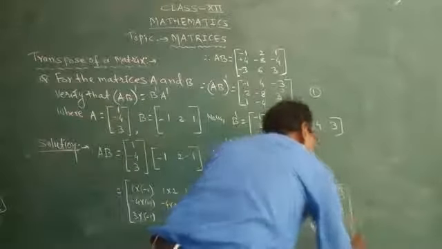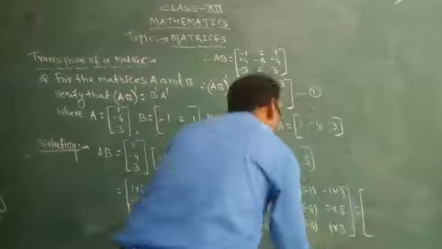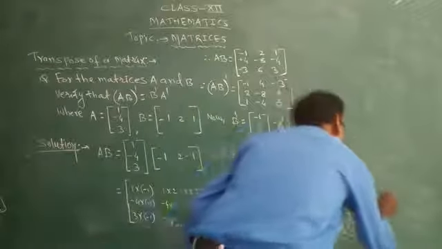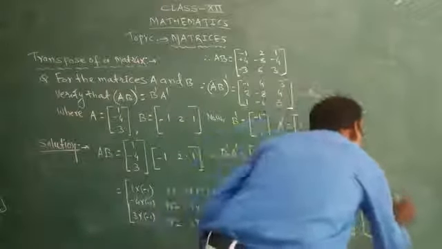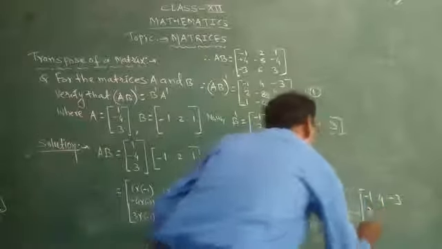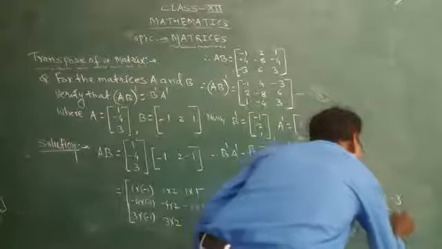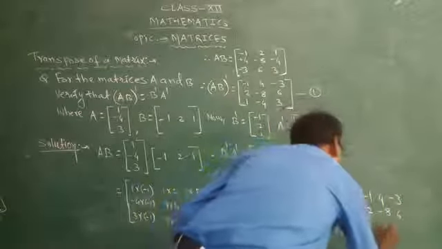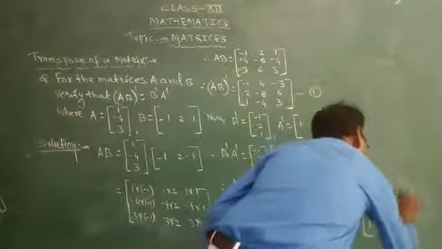So this is minus 1, 4, minus 3, this is 2, minus 8, 6, 1, minus 4 and 3.